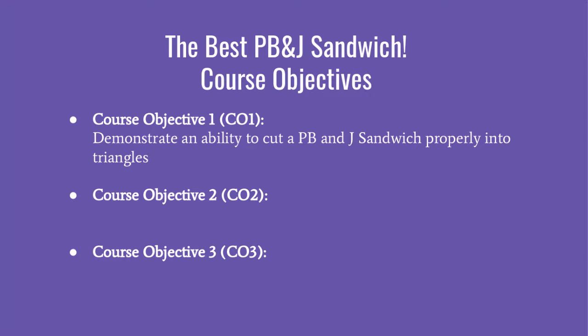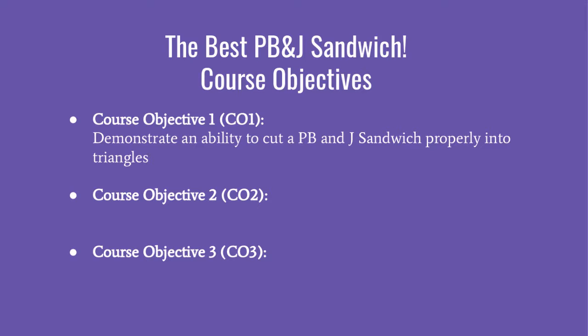Who else? I know we got a lot of good ideas in here. What you got? Consistently use the right ratio of peanut butter to jelly. So what we would want to do with that? To consistently use the right ratio of peanut butter to jelly. So since we've used demonstrate twice, we might want to look at another one of the verbs.